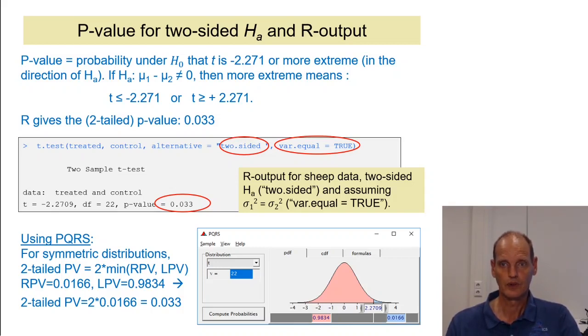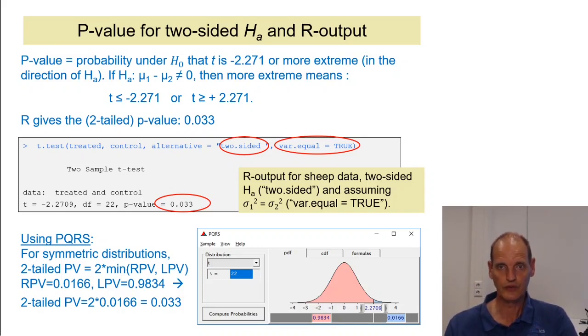If you plug in this 2.27, we see here on the right side, the right tail p-value is 0.0166, and the left tail p-value was also 0.0166.